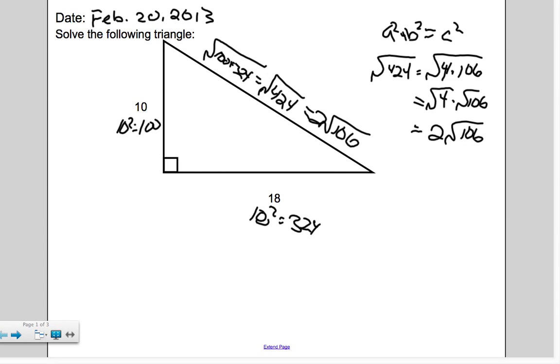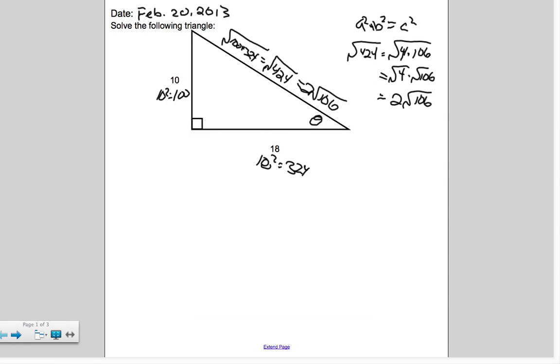Okay? So now I'm going to do the angles. Tan is opposite over adjacent. Opposite of what? We use this angle, and we'll call it theta.